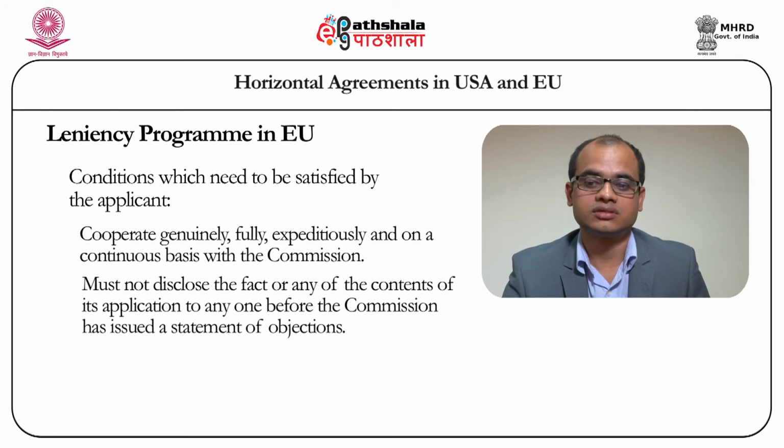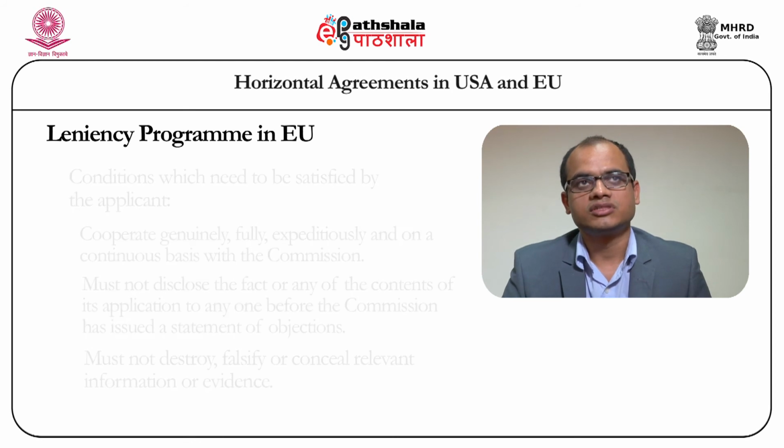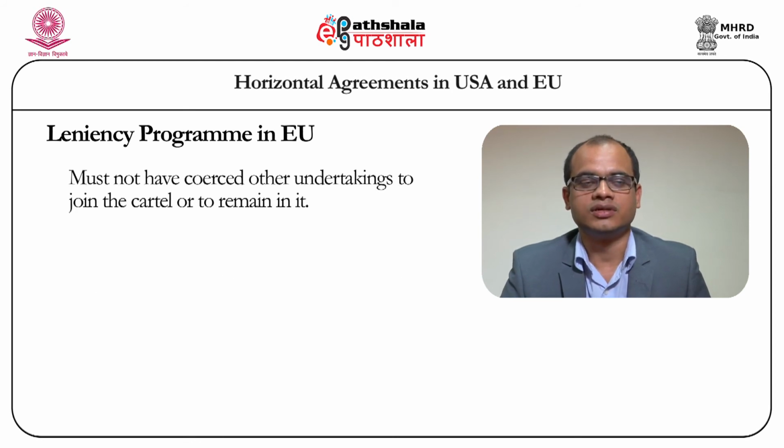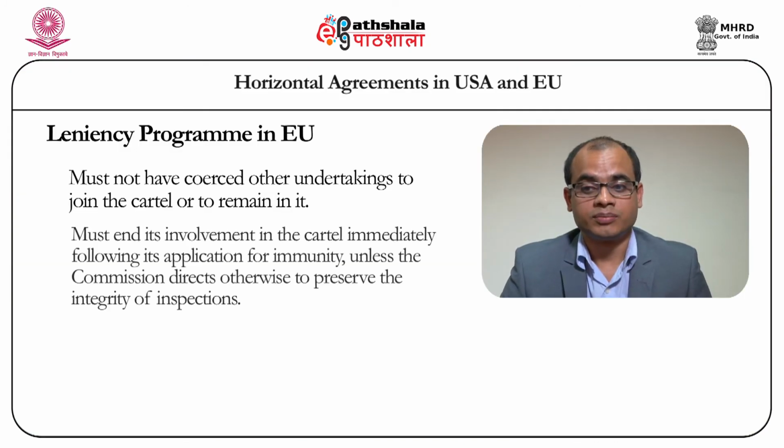The applicant must not destroy, falsify, or conceal evidence, and must not have coerced other parties to join the agreement. So there are specific conditions under the leniency policy, and if an applicant qualifies, that applicant can get full immunity from fines. It is also important that the applicant should end its participation with other cartel participants and fully cooperate with the Commission.